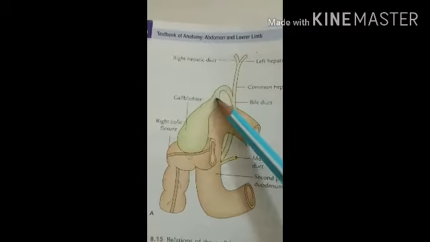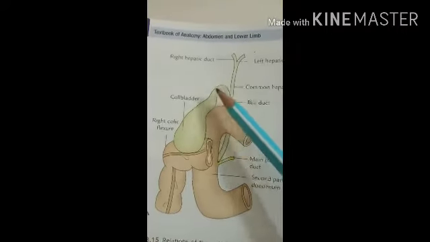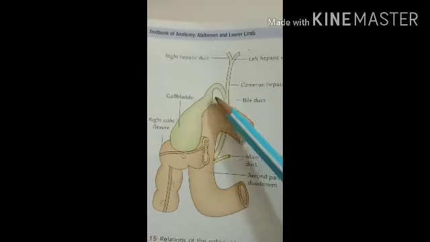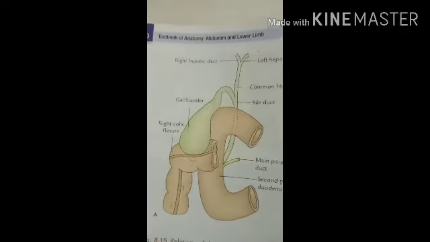Superiorly the neck is attached to the liver by areolar tissue in which the cystic vessels are embedded, and inferiorly this part is related to the first part of the duodenum. Here you can see.